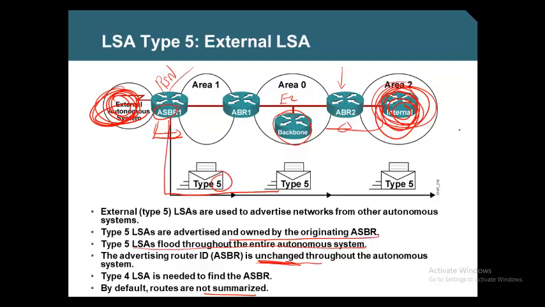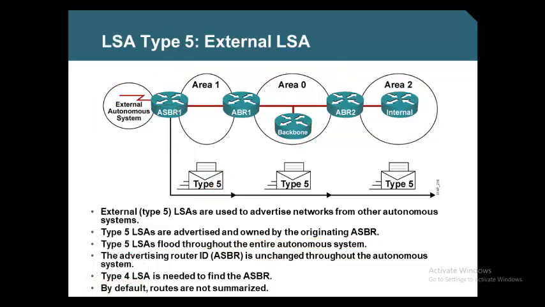Type 5 LSA floods throughout the entire autonomous system. This advertising router ID is unchanged throughout the autonomous system. Now, how does this router know the router ID of this router?